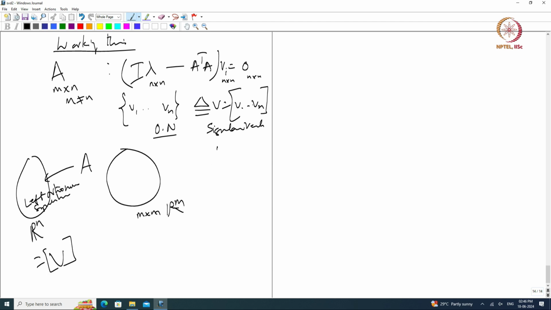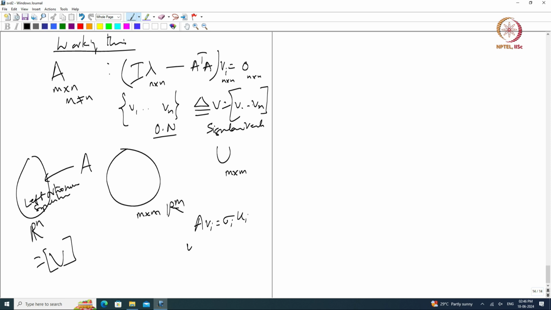How do I find U? U is m cross m. So, I do A V i equal to sigma i U i. This is U. So, assuming convenience, which is not necessarily best, but even if it is not so, it can be worked out.